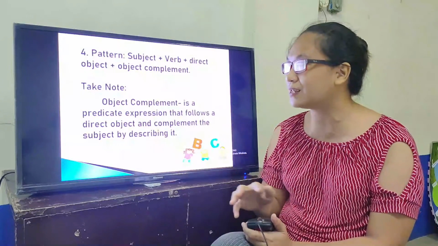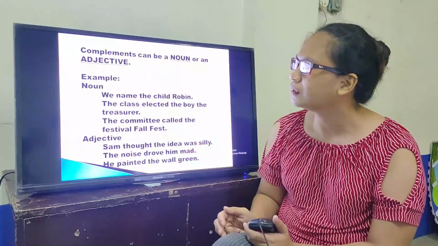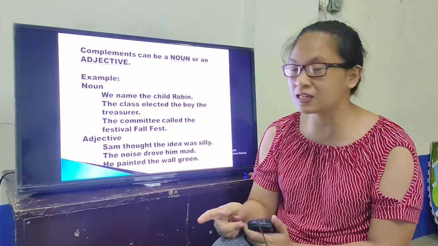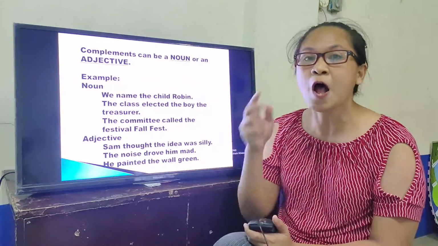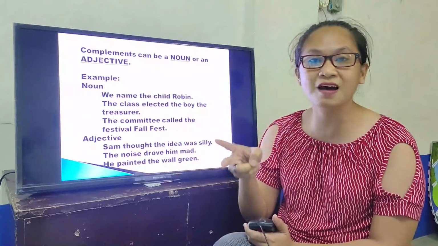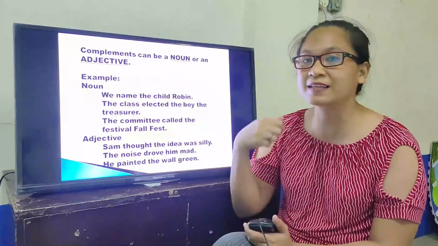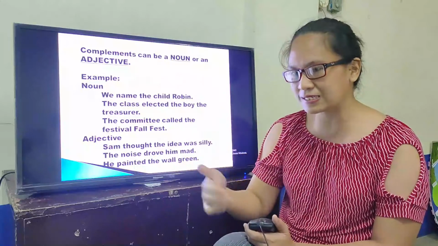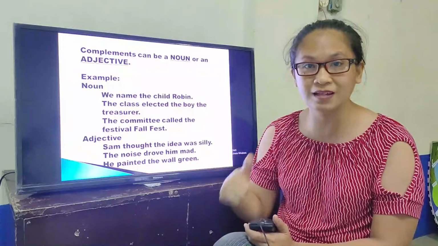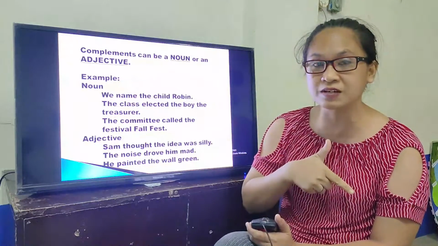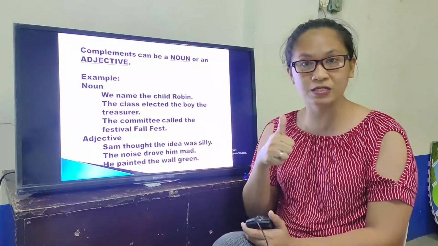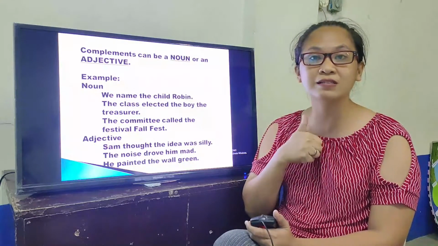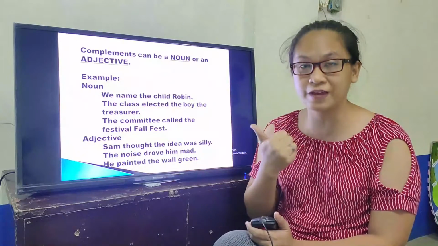So let's have an example. Another thing is that you have to remember there are two kinds of object complement. It can be a noun or an adjective. So let's define again what is a noun and what is an adjective. When we say noun, these are the names of a person, place, things, animals, or an event.